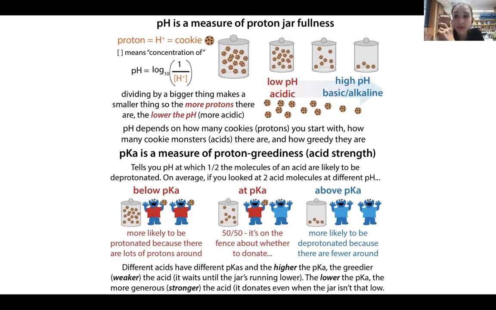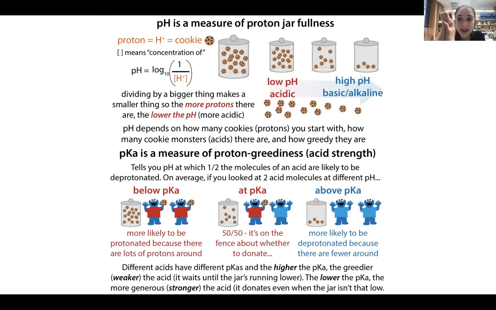So even if they normally really want a cookie, they can't find a cookie. So above the pKa, you're more likely to be deprotonated. Below the pKa, you're more likely to be protonated. And at the pKa, you're kind of 50-50.